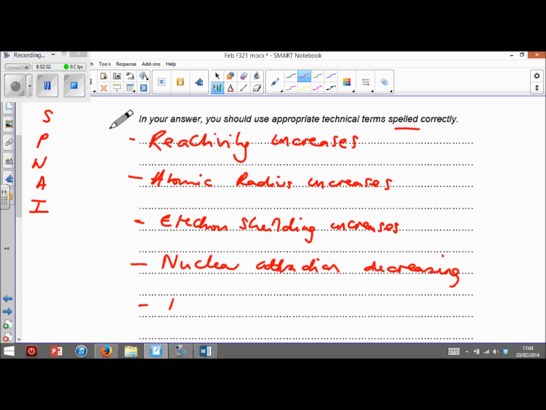Therefore, ionization energy must also be decreasing. It's got to be easier to remove that outer shell electron if reactivity is increasing as you go down the group.